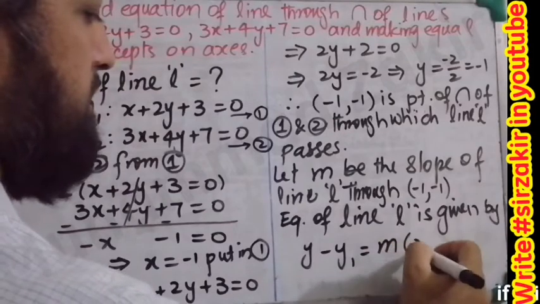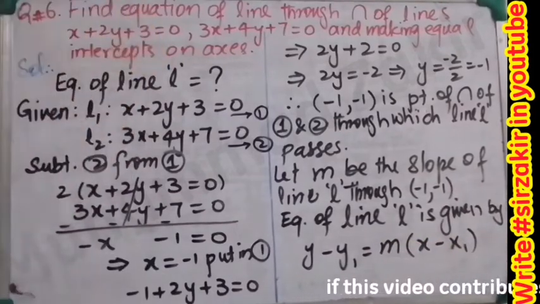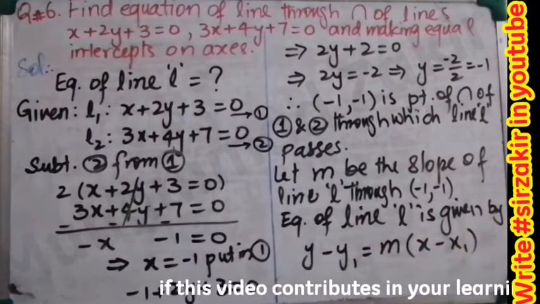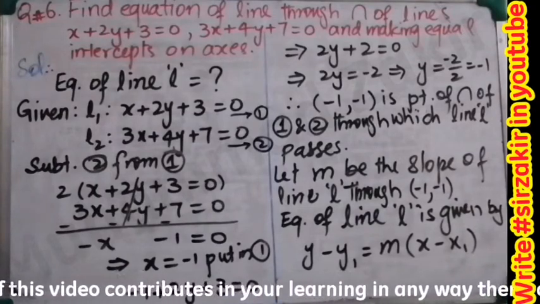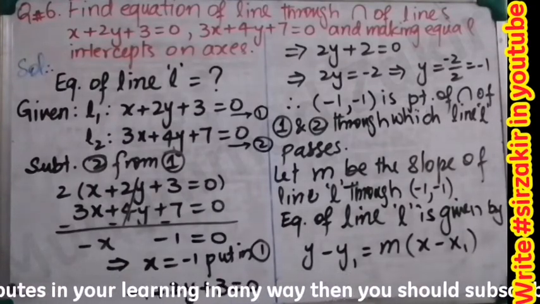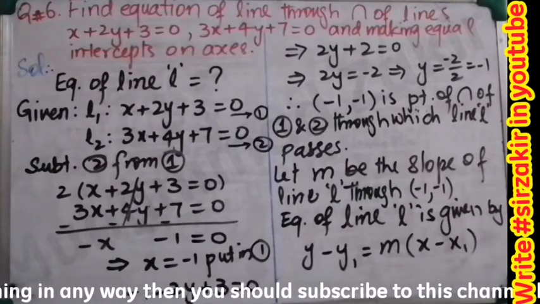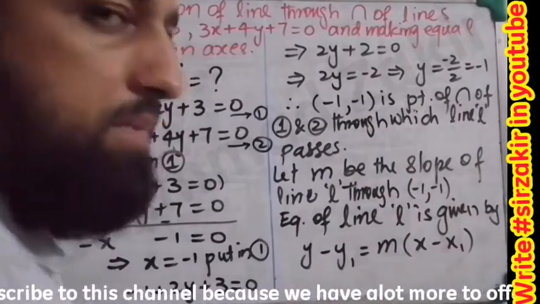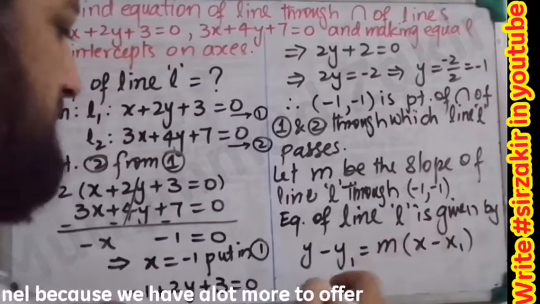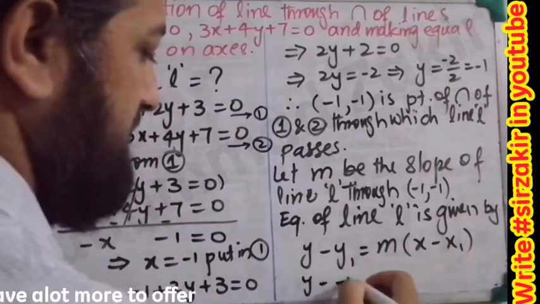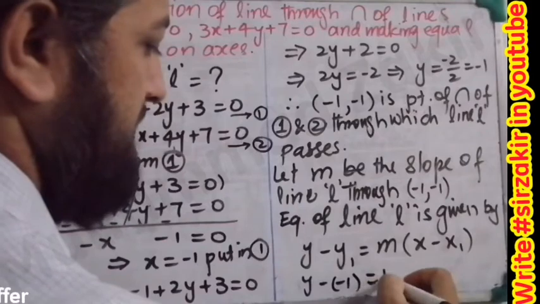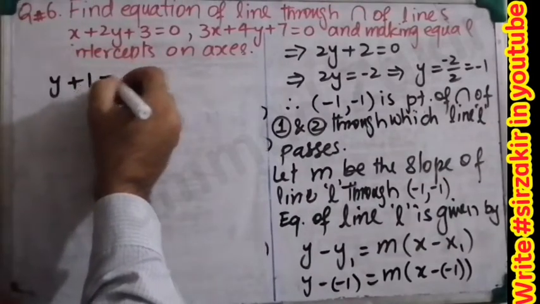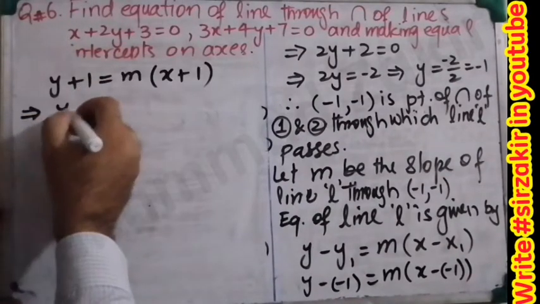The point slope formula of the equation of a straight line is y minus y1 is equal to m times x minus x1. x1, y1 will be minus 1, minus 1 and m is the arbitrary slope. So it will become y plus 1 is equal to m into x plus 1.